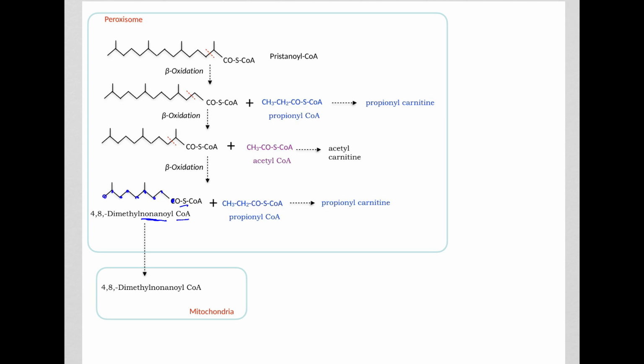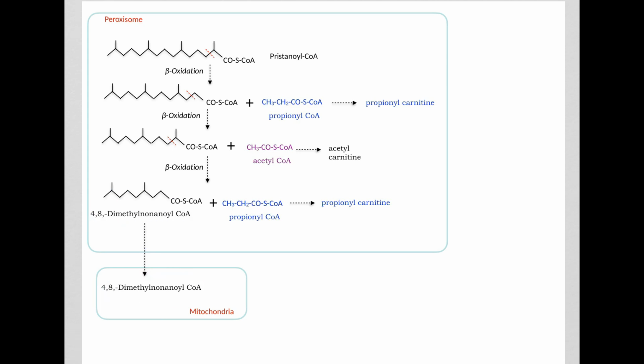And then at carbons 1, 2, 3, 4, and 5, 6, 7, 8. So at carbons 8 and 4, there is a methyl group. So this is 4,8-dimethyl-nonanyl-CoA. And this fatty acid is transported into the mitochondria, and there it is broken down into acetyl-CoA as well as propionyl-CoA.